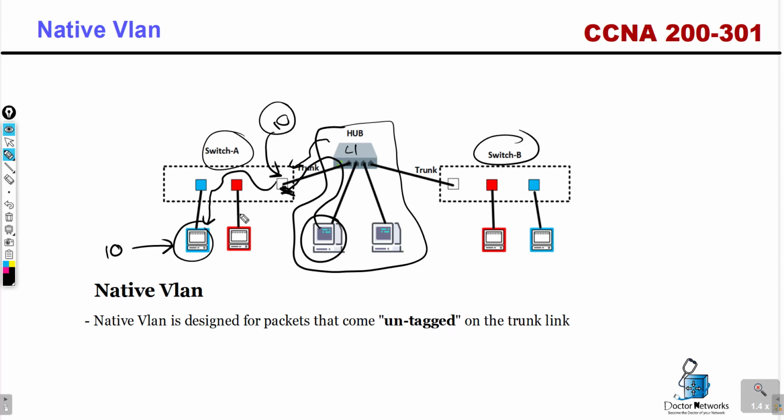So this is actually what a native VLAN is. It's designed for the untagged packets that come in from the trunk.